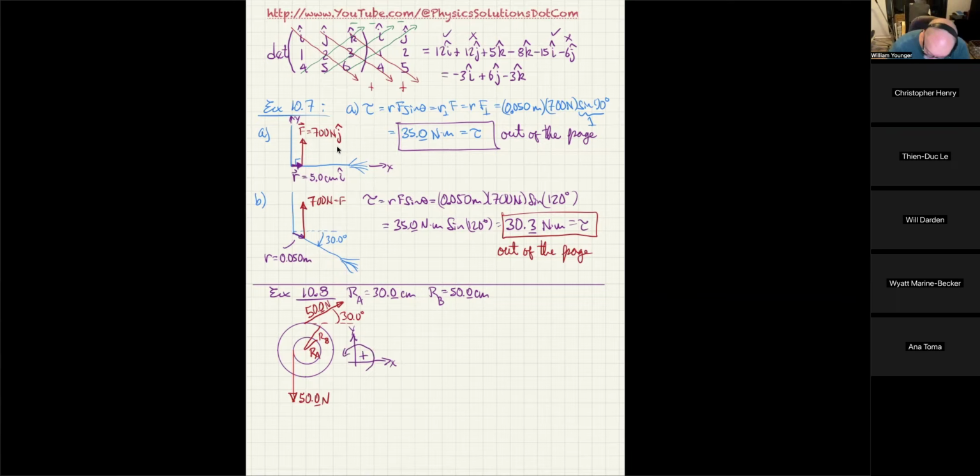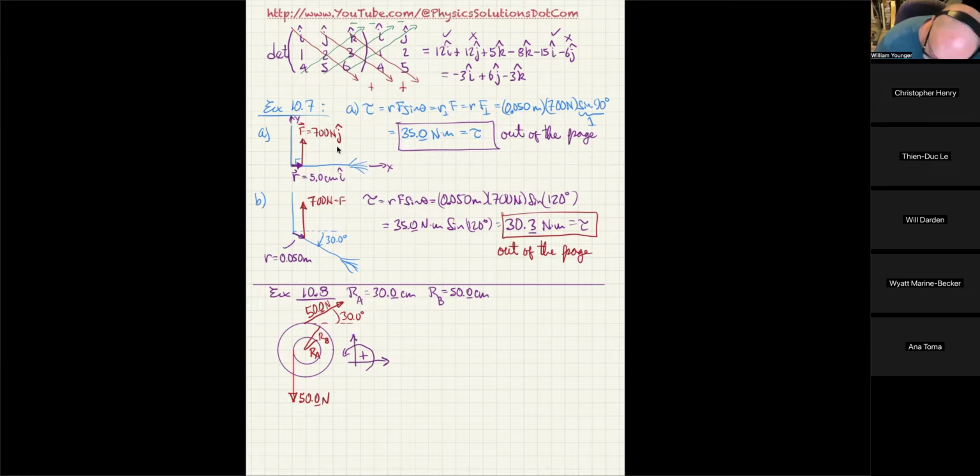Everybody will understand that the positive X direction is to the right, the positive Y direction is up, and the positive torque direction is counterclockwise. That's just a note for sign convention.